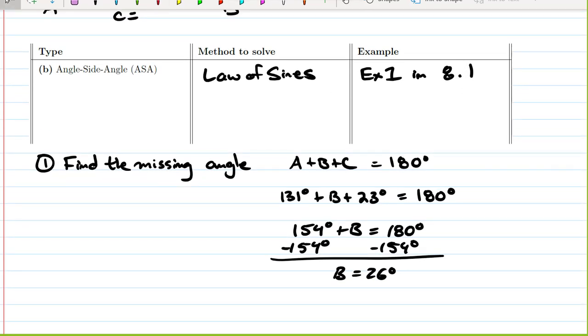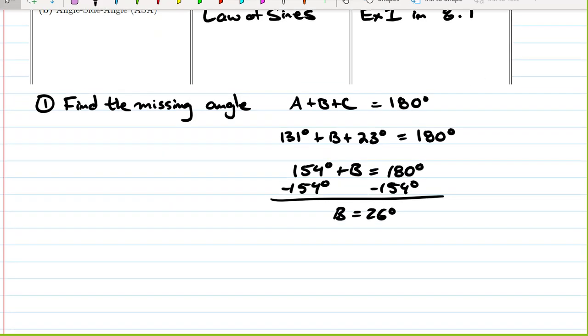All right, our next step in resolving angle side angle is to use the law of sines to find the missing sides.